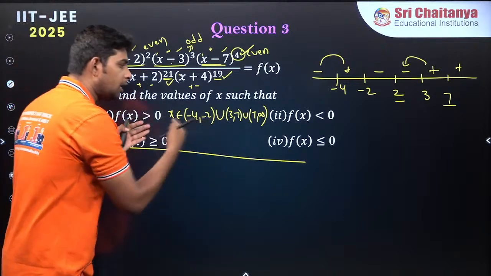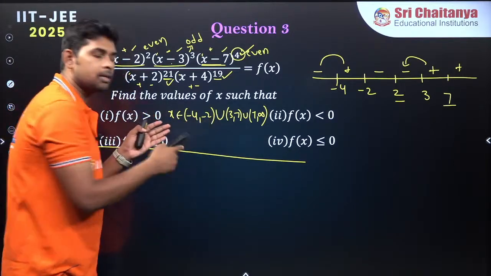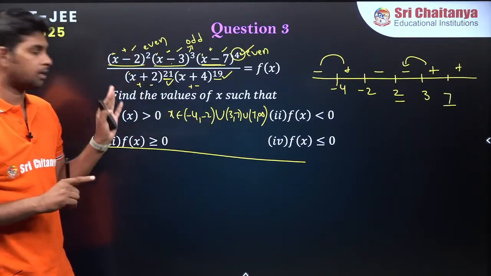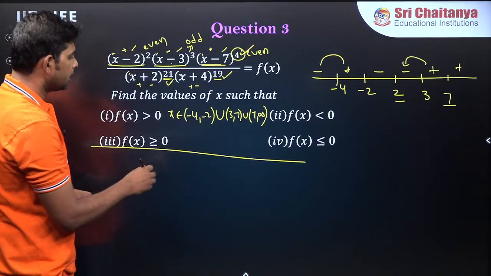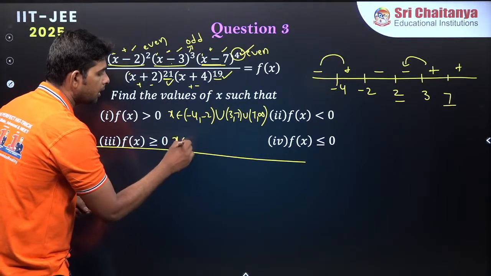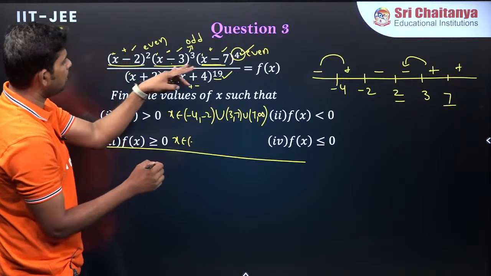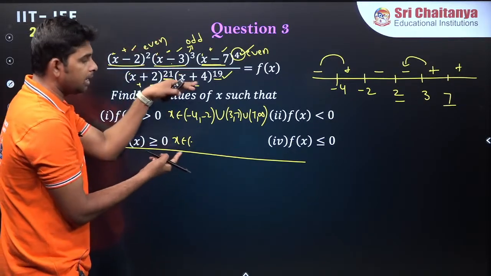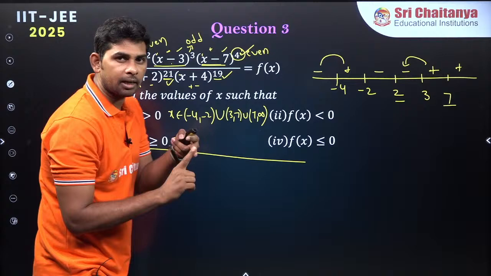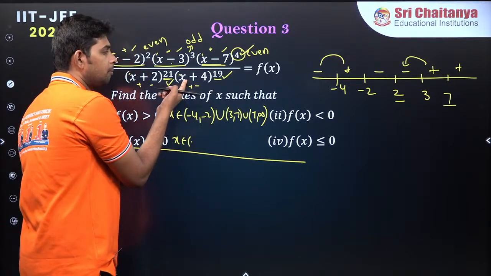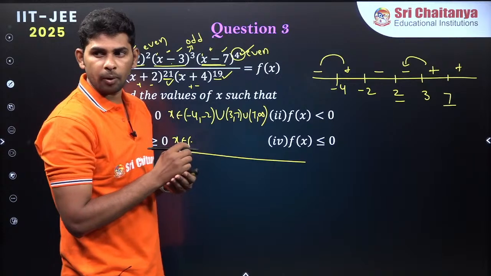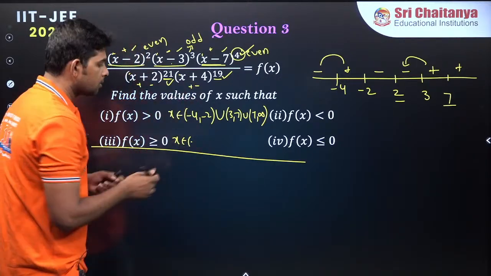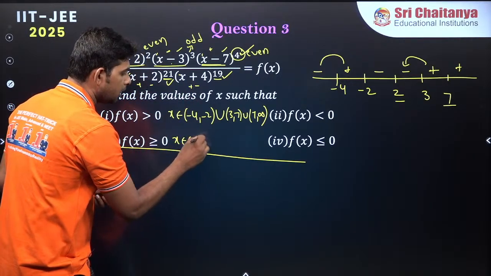Now all the values in these intervals are going to satisfy this inequality. You can check that. The same way, if I am taking greater than or equal to 0, you can write minus 4 is not included, because minus 4 is in the denominator. We cannot take 0 in the denominator, because if I substitute minus 4 in place of x here, it is going to give us 0, which is not possible, so we are not taking it.